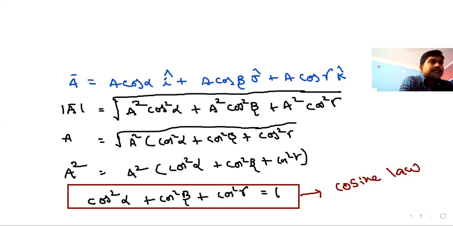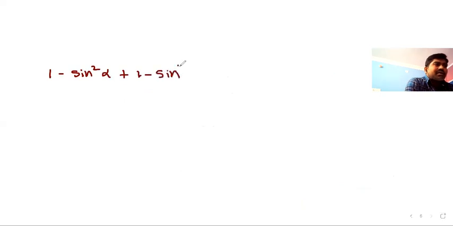Okay. Now, if I want to write the similar thing in terms of sine square values, then what can we write for cos square alpha? I will continue the same equation. We know that cos square alpha plus sine square alpha equal to 1 only. So in place of cos square alpha, you can write 1 minus sine square alpha, plus 1 minus sine square beta, plus 1 minus sine square gamma. And this is equal to 1 only.